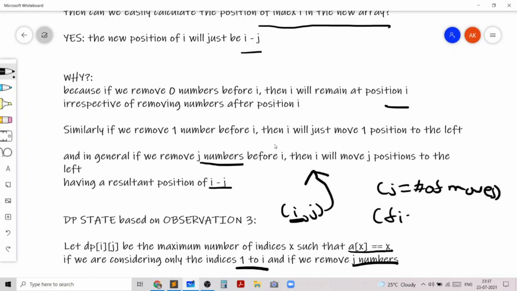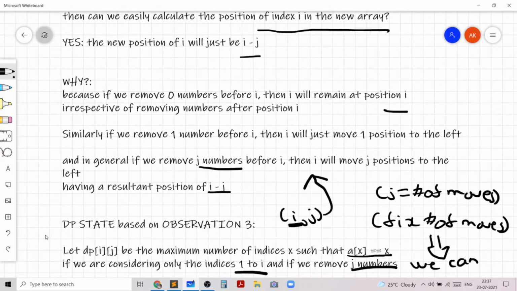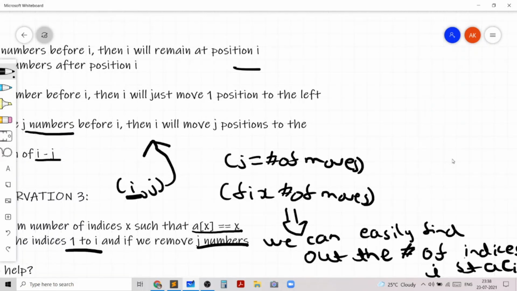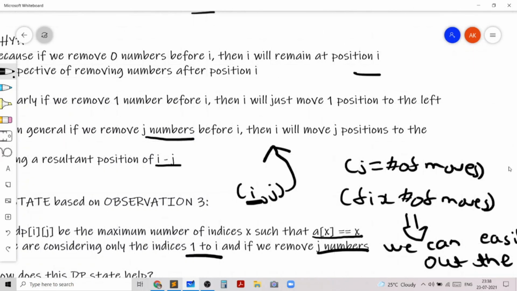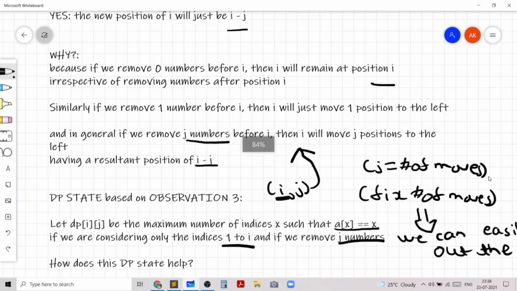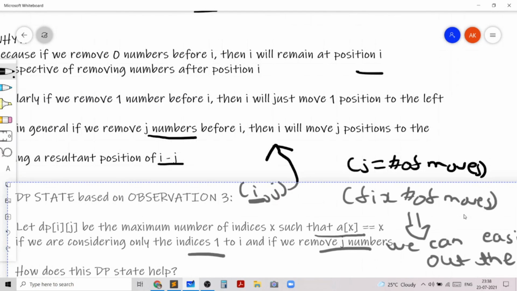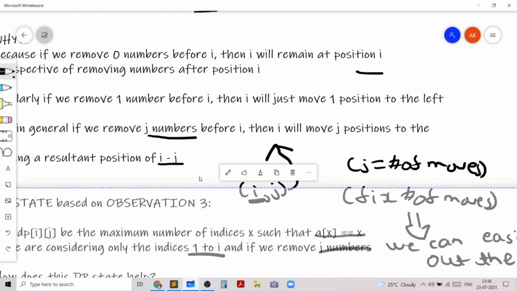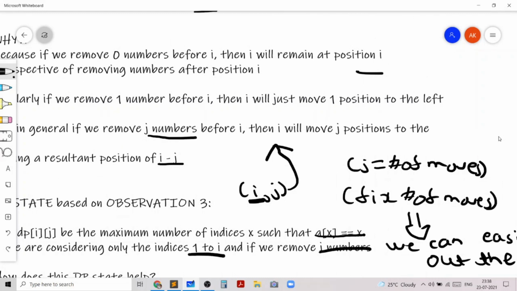But if we fix the number of moves, this is the key idea, we can easily find out the number of indices I such that a[i] is equal to I, and that will actually come from our DP state. So our DP state is actually finding out this exact term, the number of indices x such that a[x] is equal to x. That's the information which we are actually calculating.